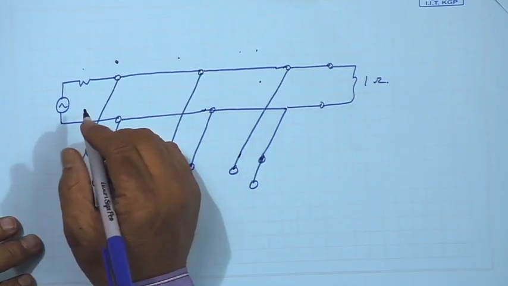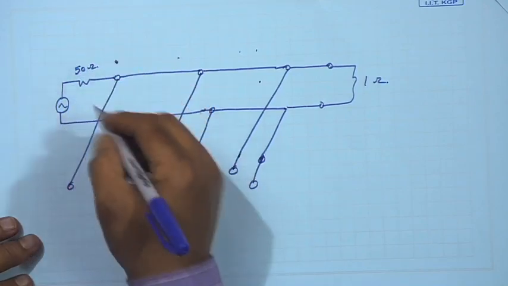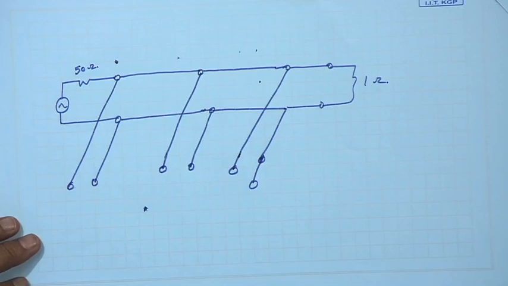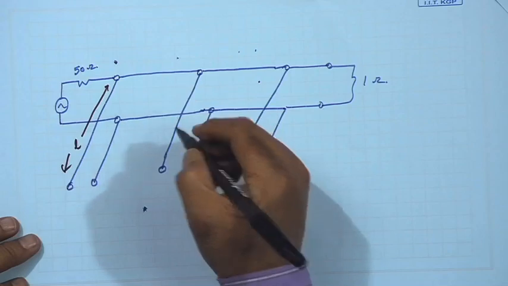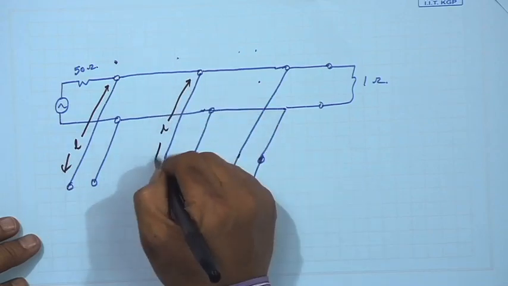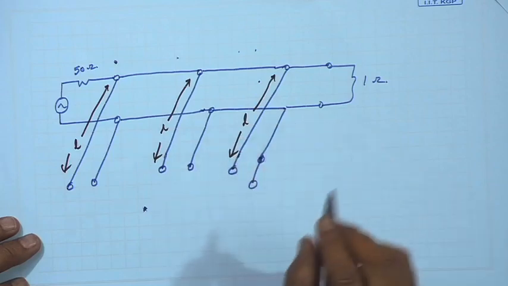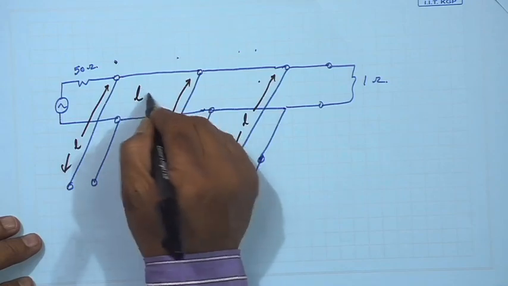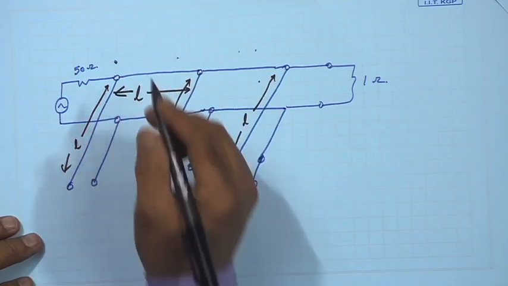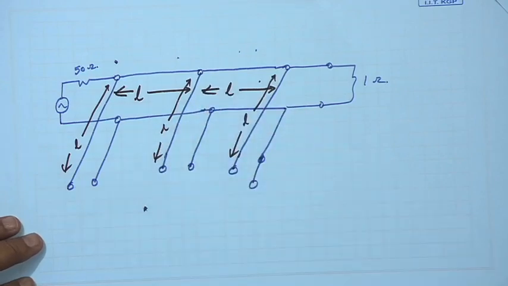So, you see this is 50 ohm. These are all, now I will say, L lengths. L is lambda by 8. So, there are 3 such, and this is also a unit length L. So, all lengths are L, only they differ by their characteristic impedance.